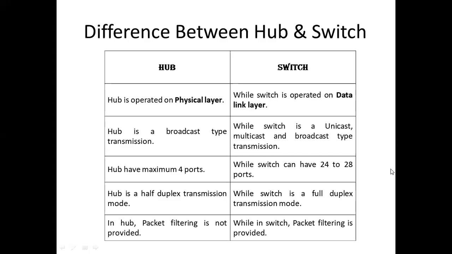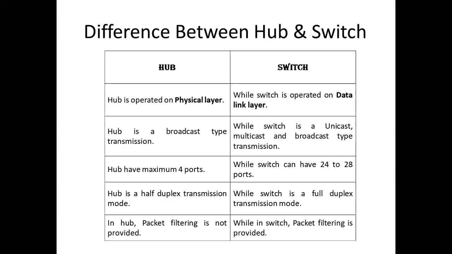Now let us see the last point, which says that packet filtering is not available in a hub, whereas packet filtering is available in a switch. So what is packet filtering? Packet filtering is a firewall technique used to control network access by monitoring the outgoing and incoming packets and allowing them to pass or stop based on the internet protocol.